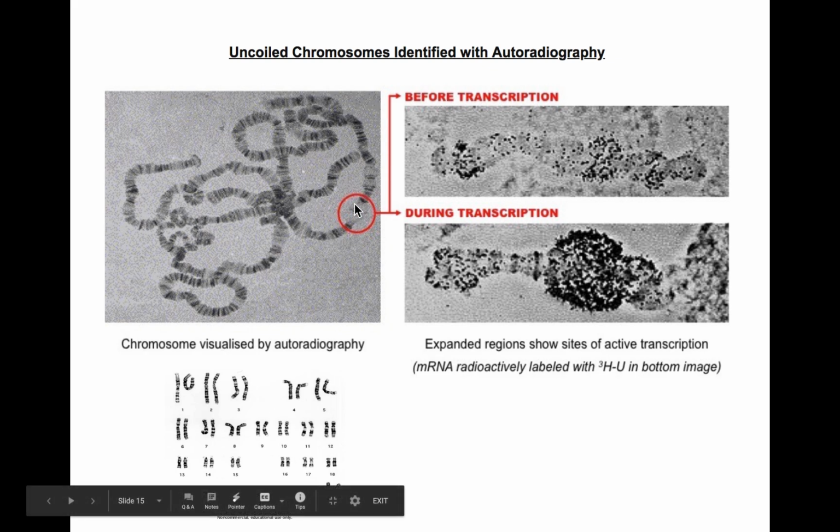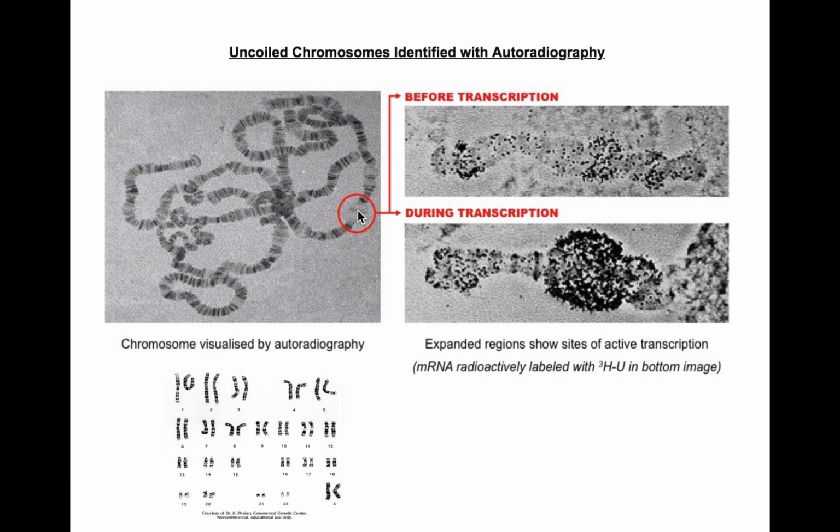What's interesting is that this DNA was going through transcription when it was captured. You can see where it was cut here, and it was actually transcribing a portion of this into mRNA, probably. So it's open in this location.